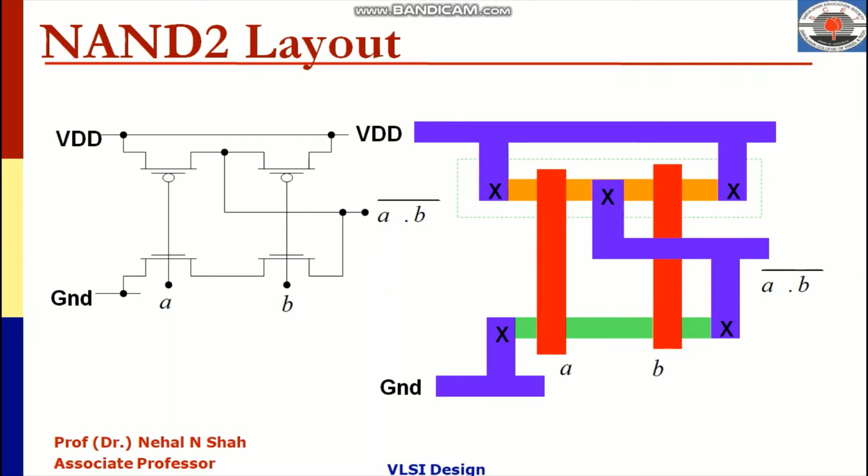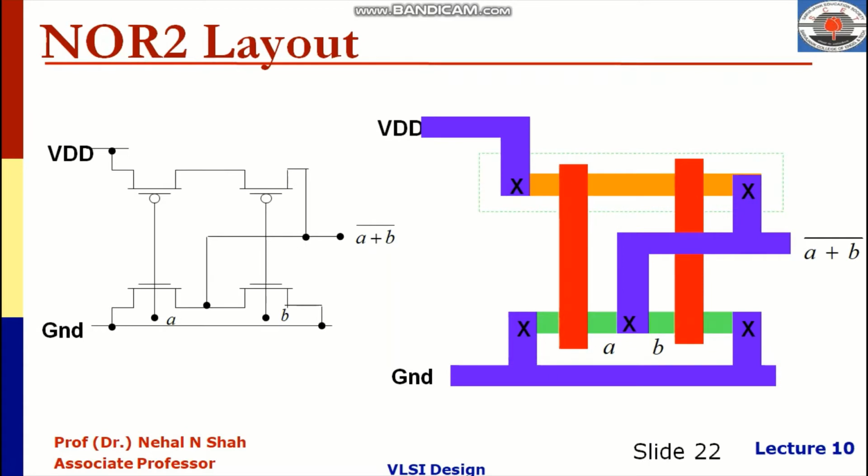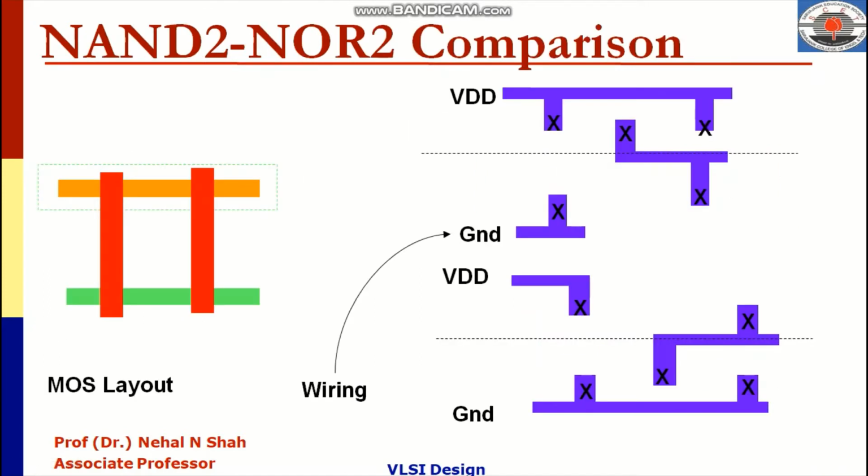Similar to NAND 2 layout, NOR 2 layout is also shown in this slide. The difference between NAND 2 and NOR 2 is, over here NMOS are in parallel but PMOS are in series. If we compare these two layouts side by side, we can observe that they are the mirror version of each other.